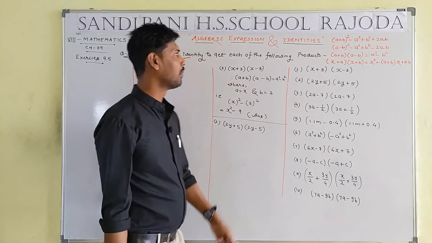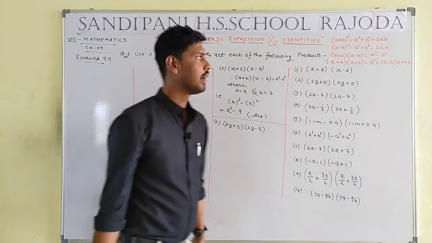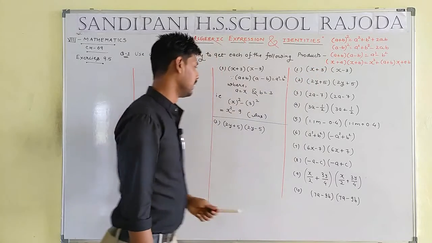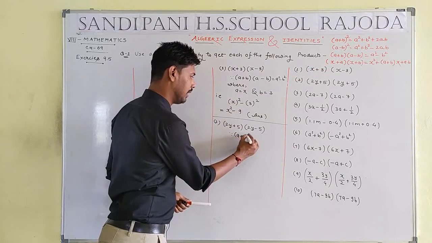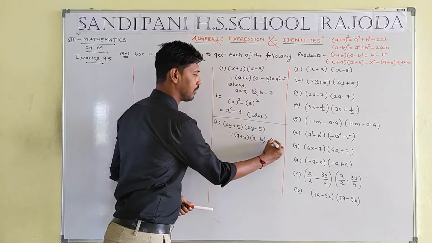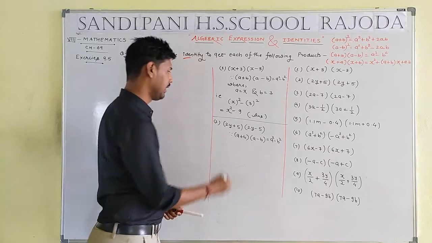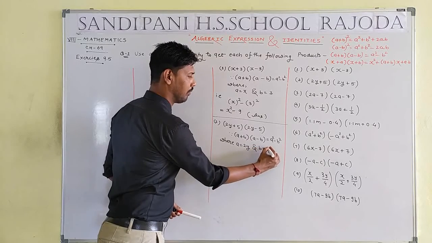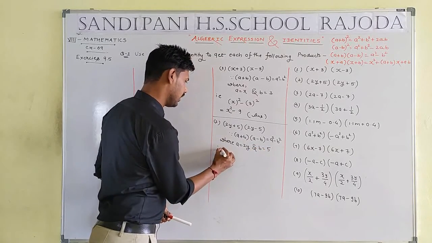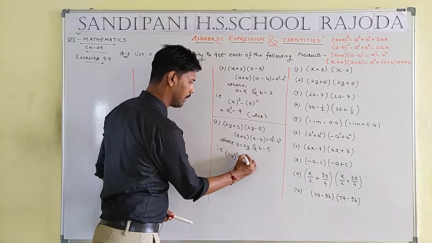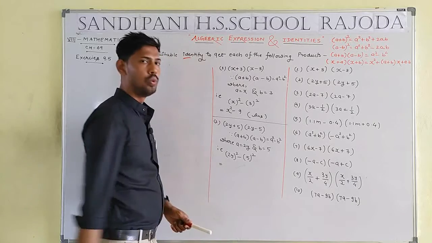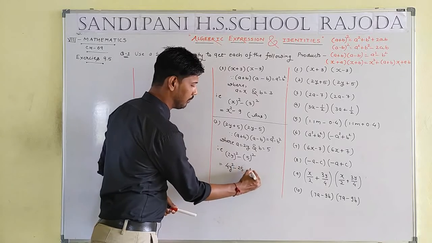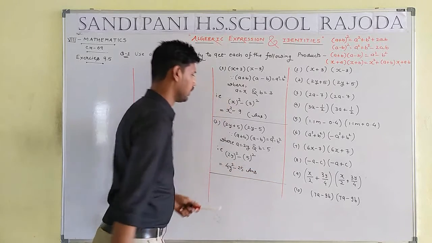Look, 2y plus 5, 2y minus 5 also relates to the third identity. When both numbers are the same, with positive and negative in the brackets, we use this simple identity. Here (a plus b) and (a minus b) will be equal to a square minus b square, where a is equal to 2y and b is equal to 5, such that we can write it in the form a square minus b square, (2y) whole square, that means 2 twos are 4, 5 fives are 25. Okay, student, that is the solution for question number second.